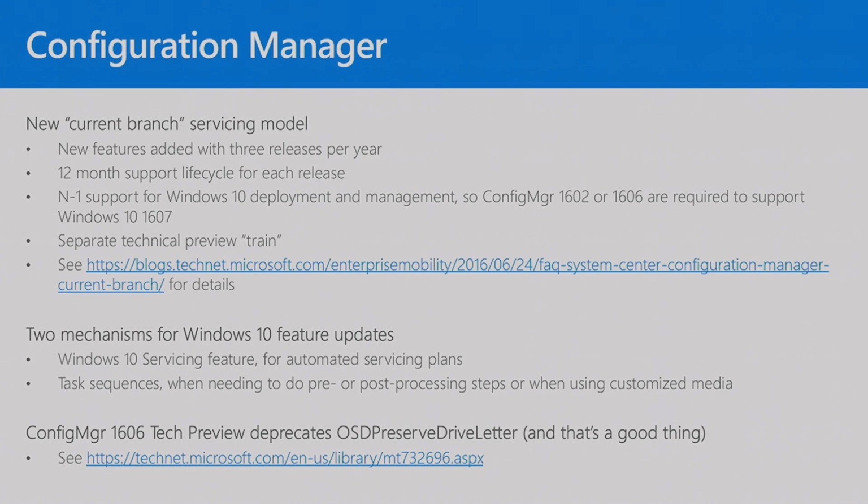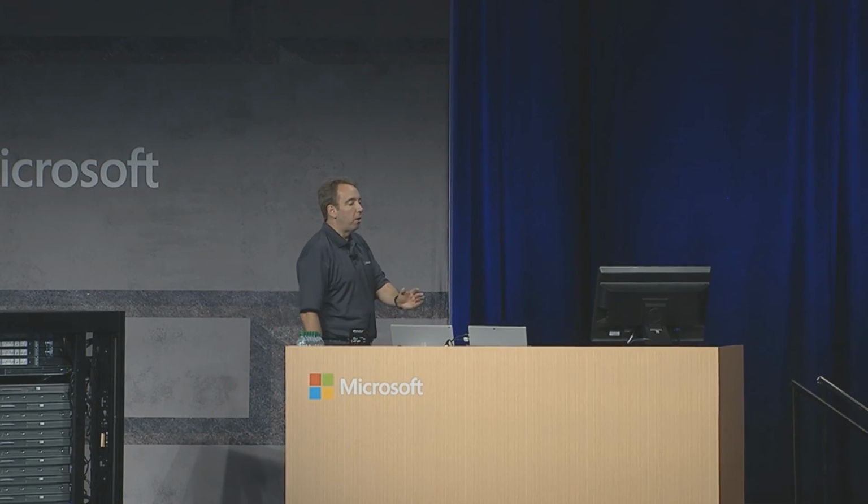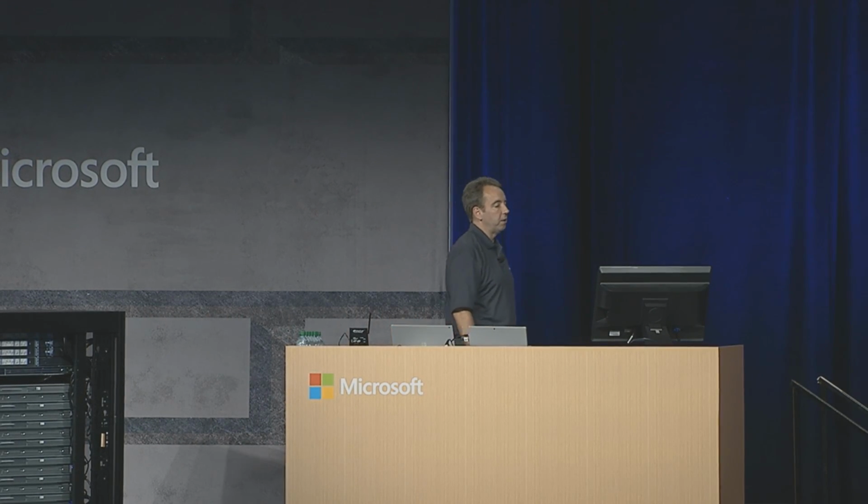Configuration Manager has done a few updates, a few releases on their current branch model. They intend to release 3 of these per year, adding new capabilities and adding support for new operating systems. So generally, to get full support for a new Windows 10 release, you need to install the latest current branch release from Config Manager.